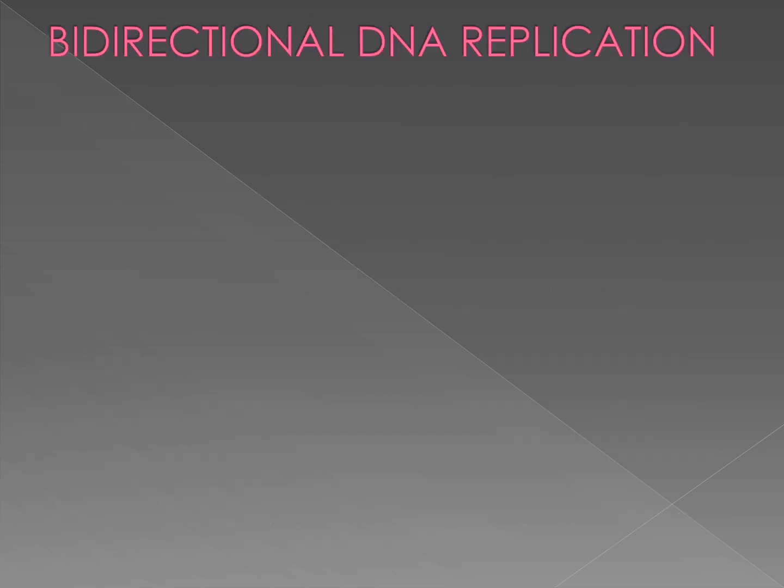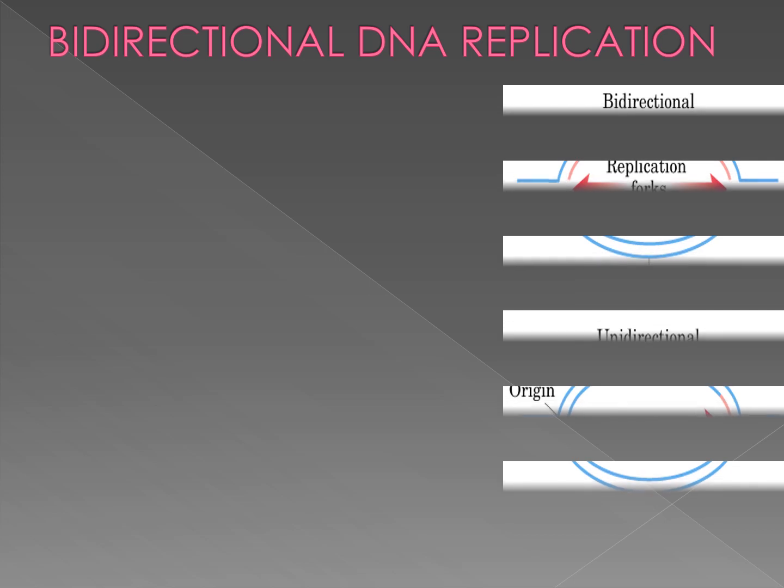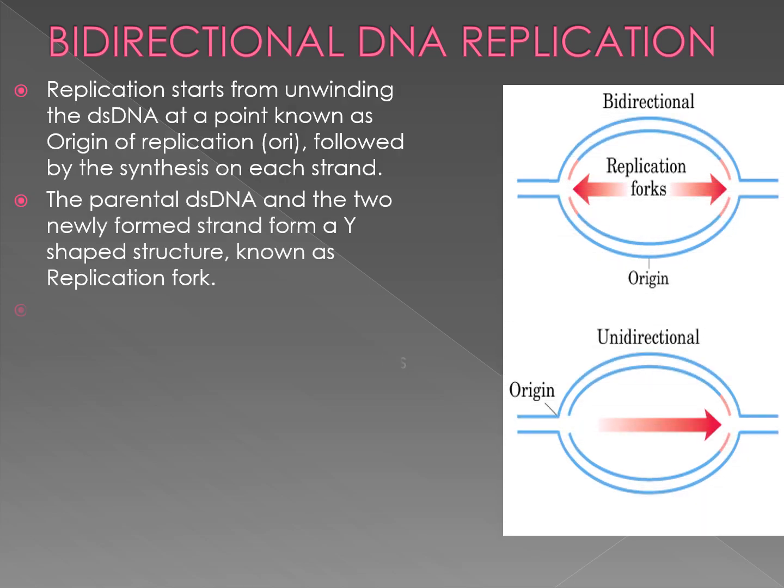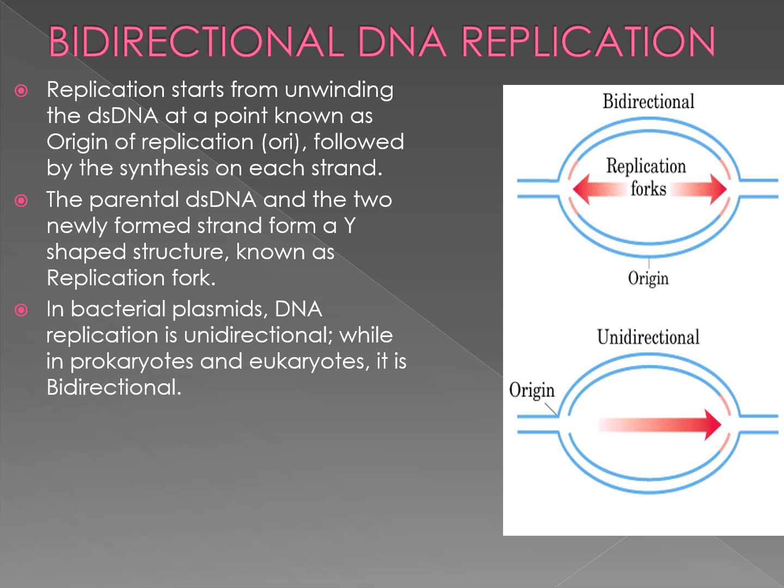Let's go to the second characteristic of DNA replication, that is bidirectional replication. In both prokaryotes and eukaryotes, replication starts from a single point called ori, or origin of replication.